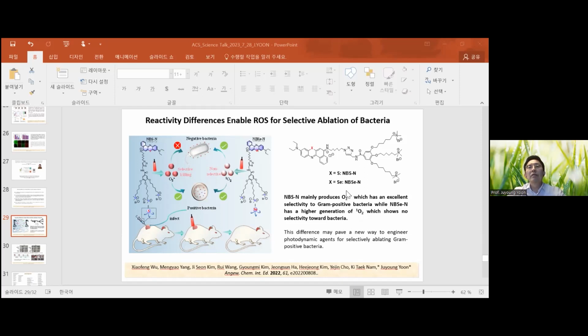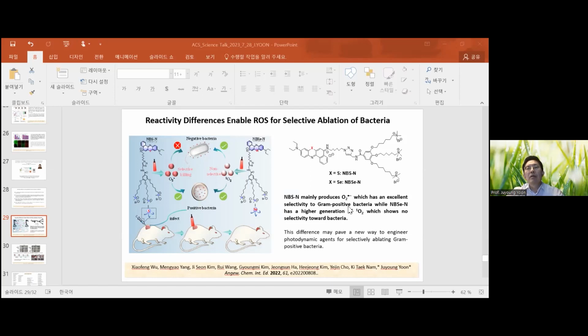On the other hand, this superoxide radical anion has a moderate reactivity compared to singlet oxygen, and it can be converted to highly toxic hydroxyl radical only inside of the bacteria. So this membrane difference is combined with the ROS generation difference between these photosensitizers to induce the selectivity for the gram-positive bacteria.